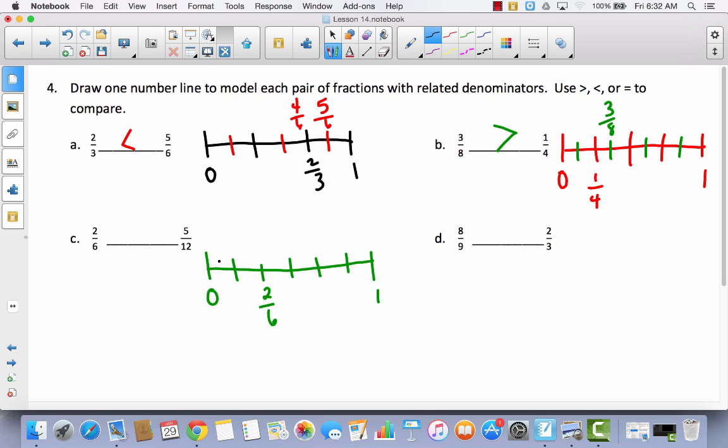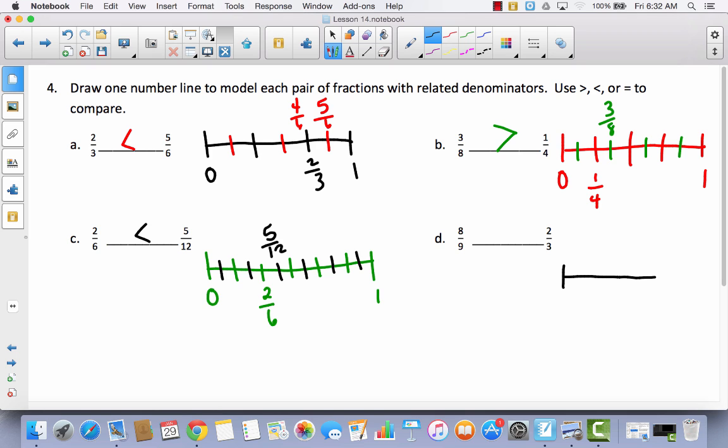Well, that's going to be easy because I can take each sixth and divide it in half, and now I'll have 12 parts. So now let's just count over. 1/12, 2/12, 3/12, 4/12, 5/12. So which one's greater, 2/6 or 5/12? In this case, 5/12.